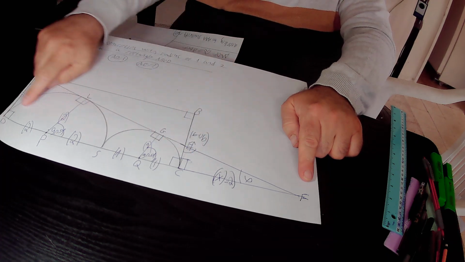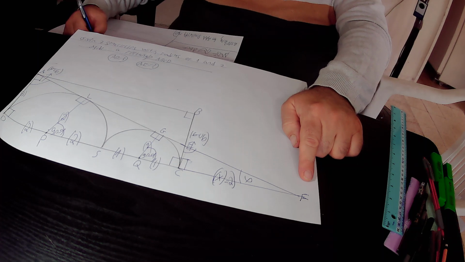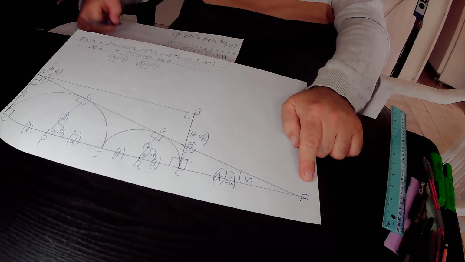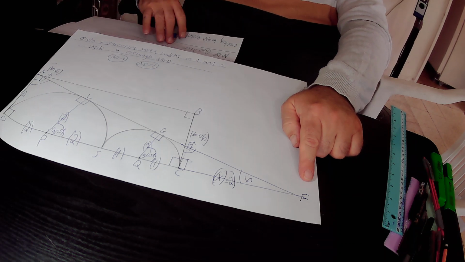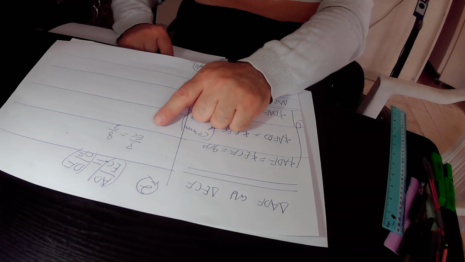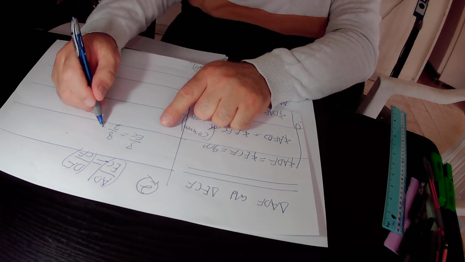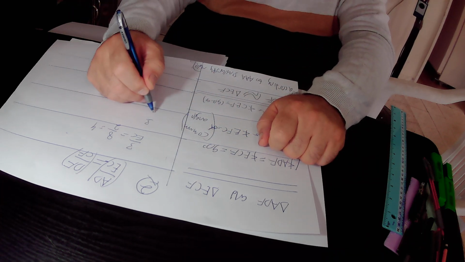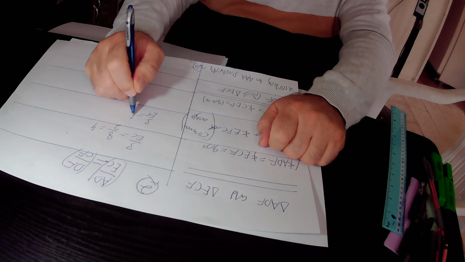So in total DF equals 8 over CF. CF is 2. So in conclusion, I have found out that 3 over EC equals 8 over 2. 8 over 2 is 4. So I have found out that 3 over EC equals 4.